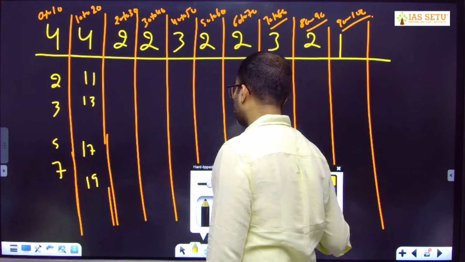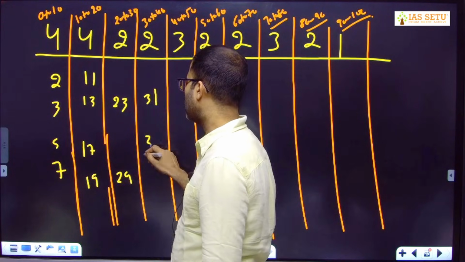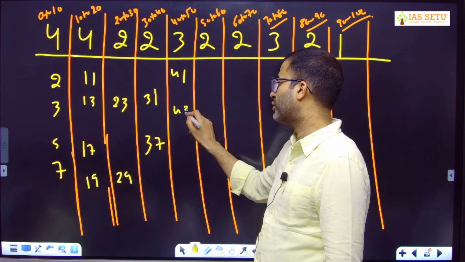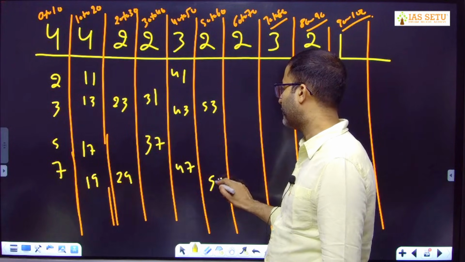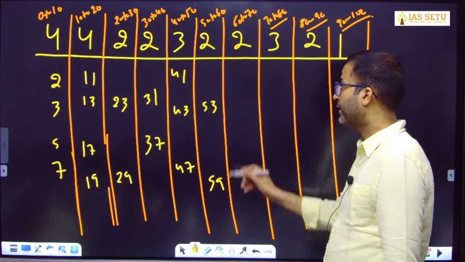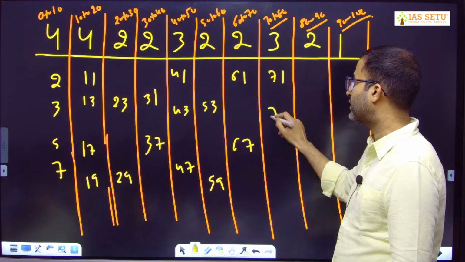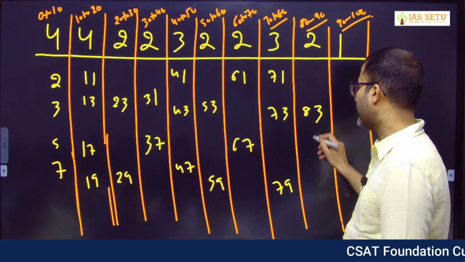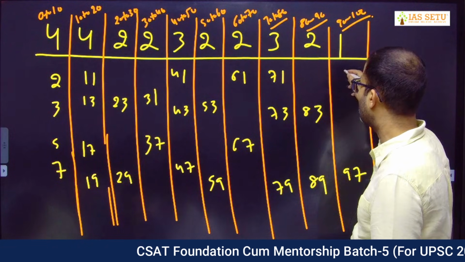After that you have 23, 29, 31, 37, 41, 43, 47, 53, 59, 61, 67, 71, 73, 79, 83, 89, 97. यहाँ पे कुछ लोग गलती करते हैं.